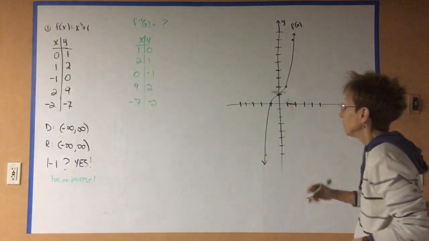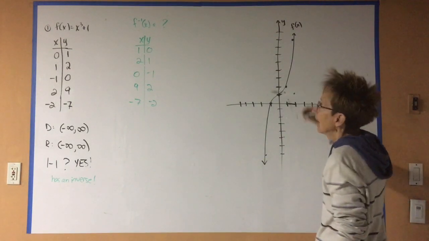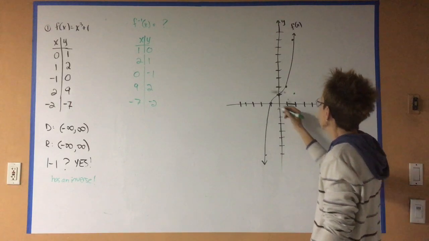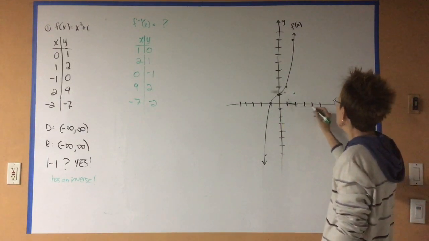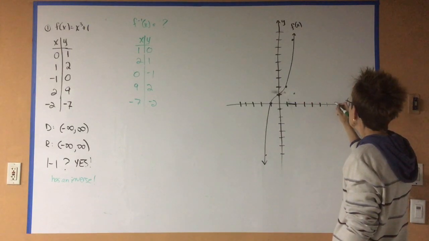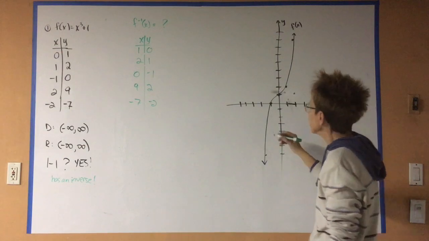So I can graph that. I've got 1, 0, I've got 2, 1, I have 0, negative 1, I have 9, 2, and I have negative 7, negative 2.